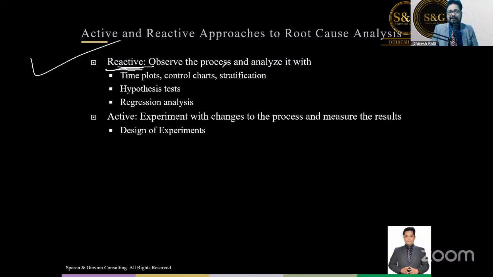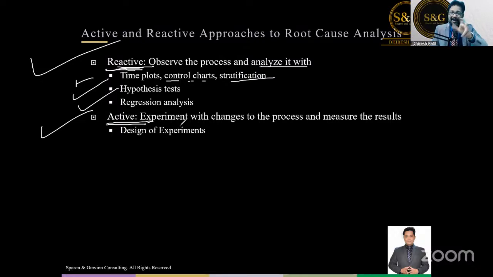After that, we analyze it. Once the process is done, we collect the data and then we make a time series plot, control chart, stratification, hypothesis, regression. All these are done once we collect the reactive data. There is another way, called active or proactive data, where we are present in the process and we play with the process.